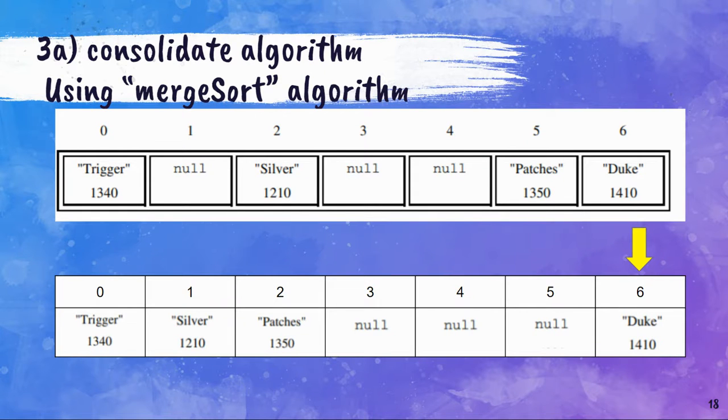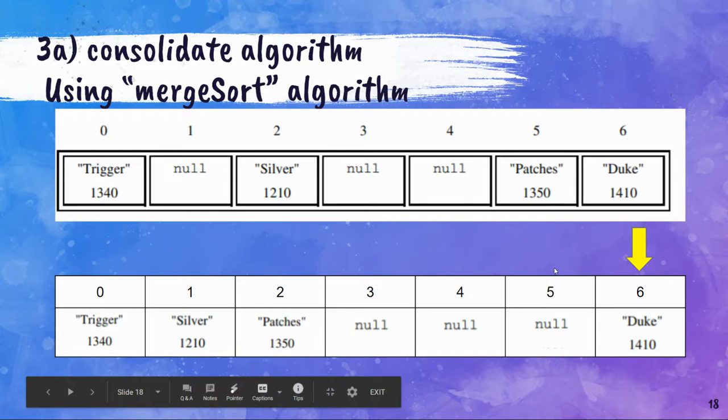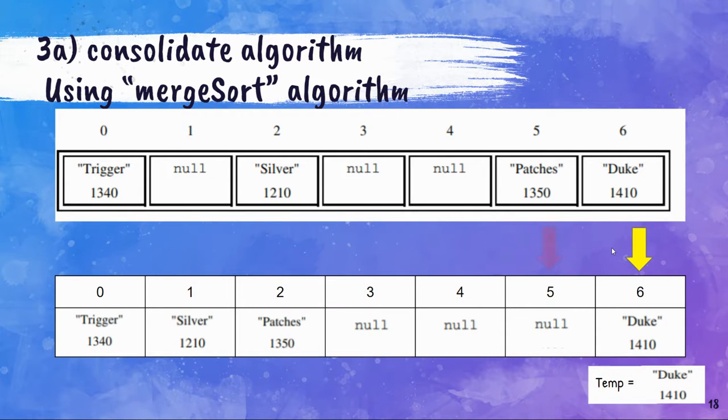All right. So the iterator for my for loop, the iterator that's moving through, I dealt with patches. Notice that patches got moved all the way through. Same thing is going to happen with Duke. Put Duke in a temp, look back, there's a null. So Duke is going to go in that, and I can put a null where Duke was. Keep on repeating that process. Isn't that cute? It's a lot of animations for you.